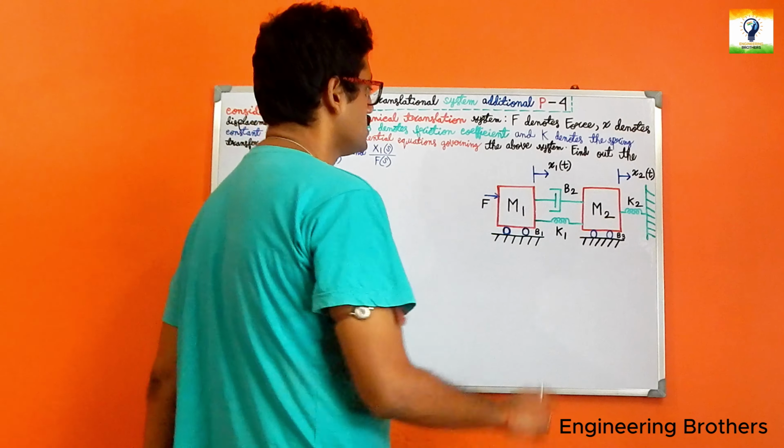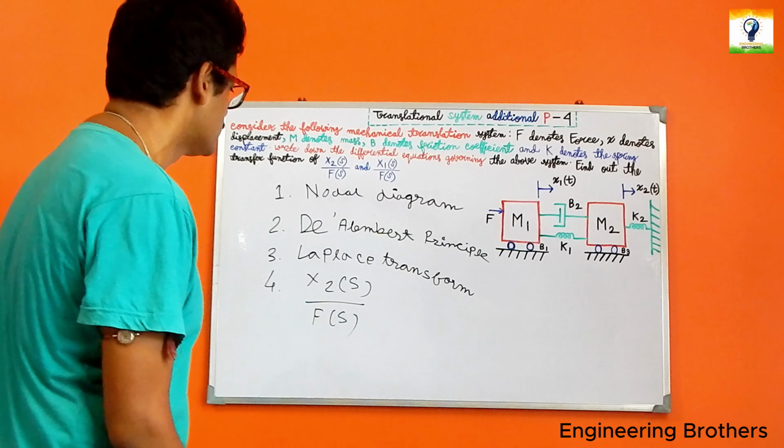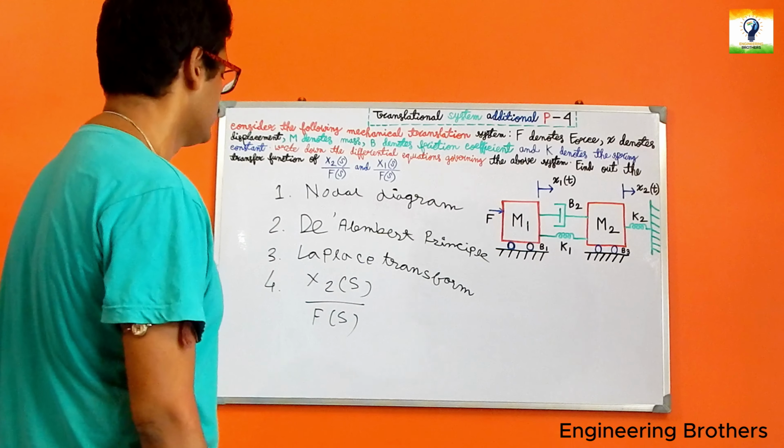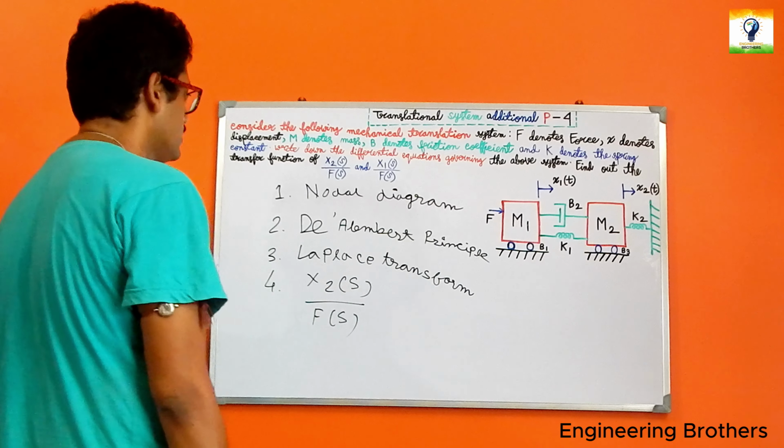At the last stage we need to form the ratio, which is x2s divided by fs. That will be our first transfer function. So these are our important steps that we need to reflect here, and these types of steps are very essential for this type of consideration.